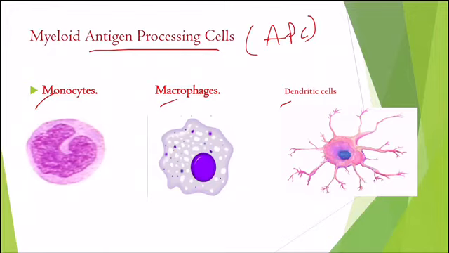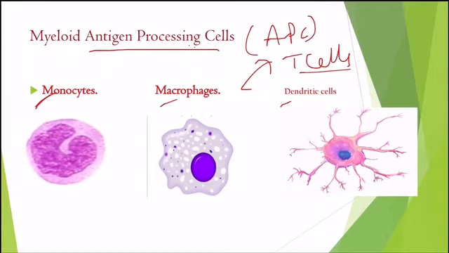These myeloid APCs serve as a bridge, a connecting link, between the innate and adaptive immune systems. They come in contact with the pathogen at the site of infection, process it, and present the antigen to the T cells.